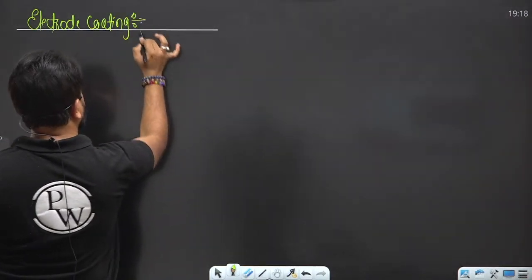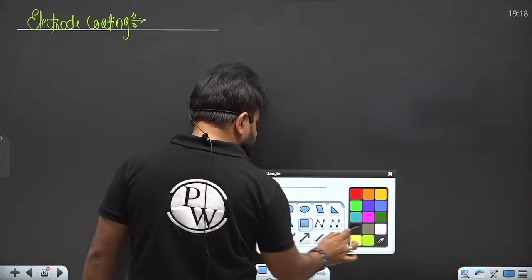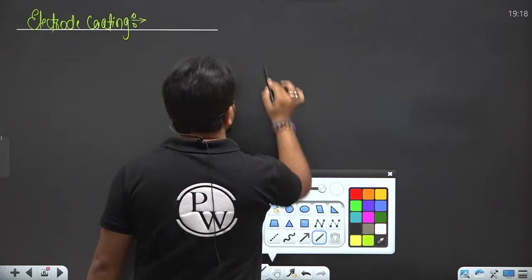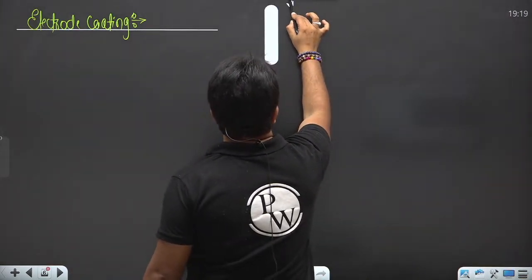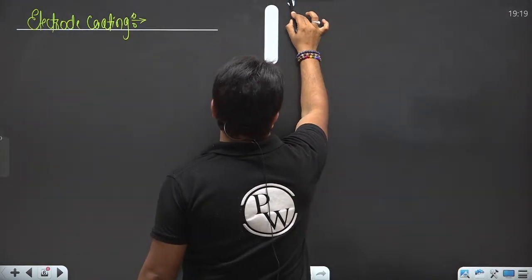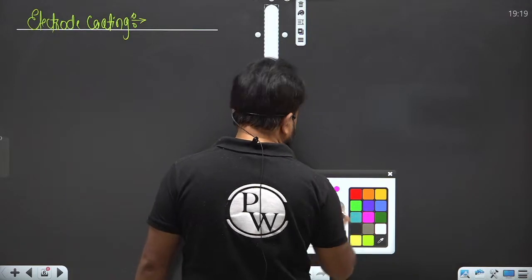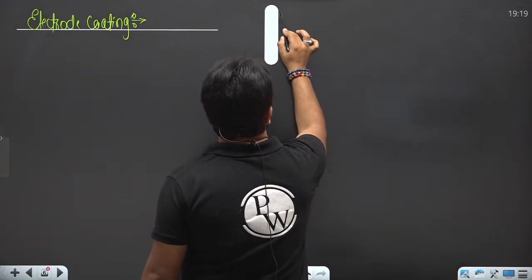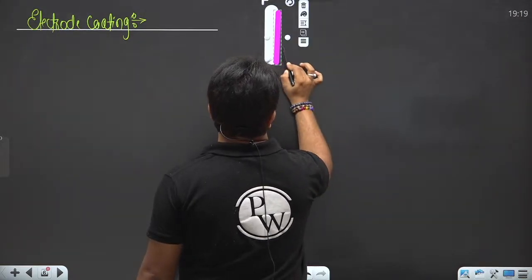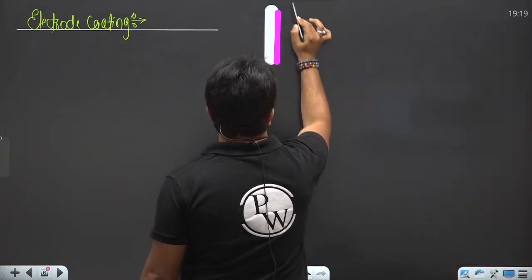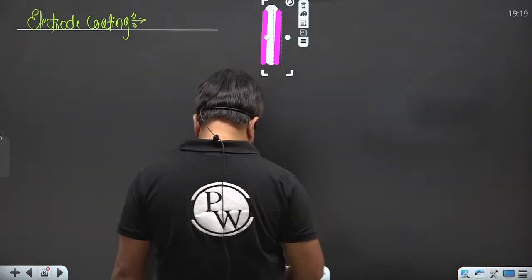Electrode coating. You have seen that this is the electrode, and it is covered with a material.